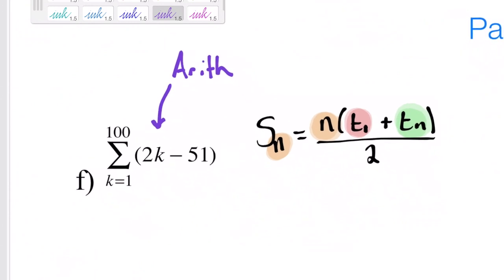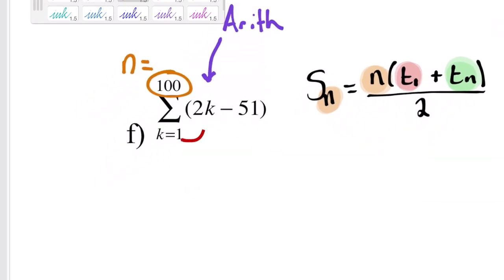That means I'm looking for an n because I go from 1 to 100. I know my n is going to be equal to 100. My first term, I can't really tell just by looking, so I'm going to plug the 1 into the k. So 2 minus 51 is going to give me -49.